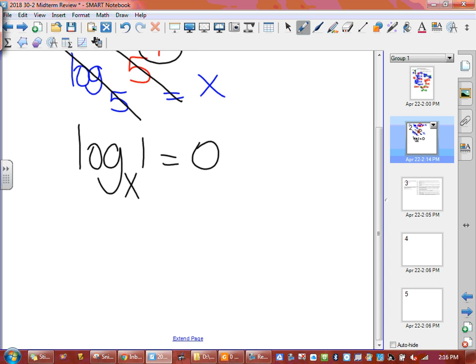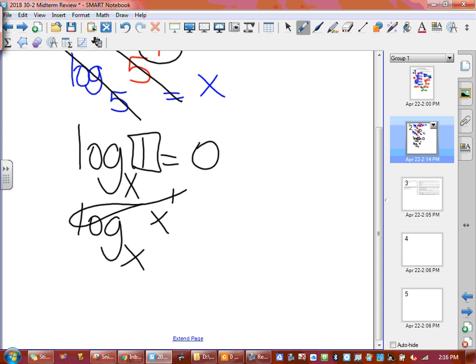Because if I do this, log base x of x to the 1, this here is not x to the 1. You can't cancel them the same. Okay? So for one of these, you cannot use that rule if the base is not the same base as your argument. This is a digit, that's a variable. They are not same base.